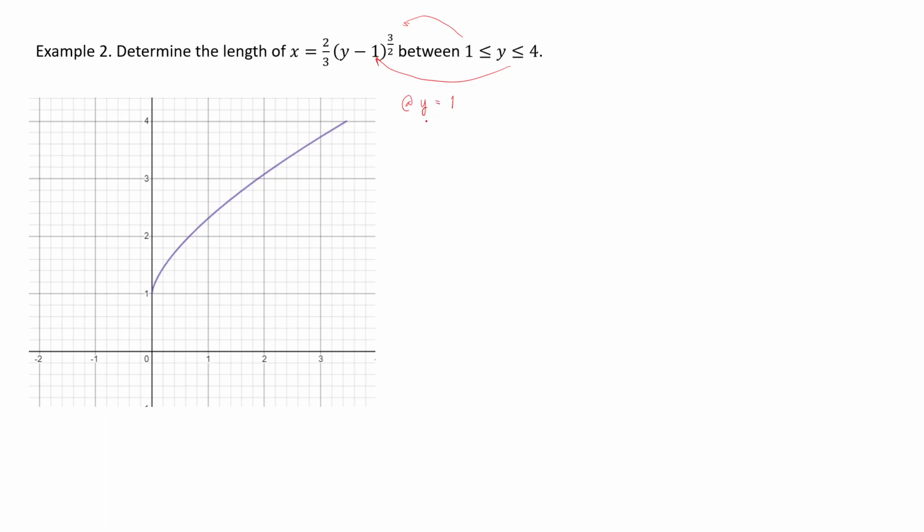So at y is equal to 1, x is equal to 2/3 times 1 minus 1 to the 3/2. So this one is 0, so x is equal to 0. That's why the first point is at 0 and 1, which is this point here.